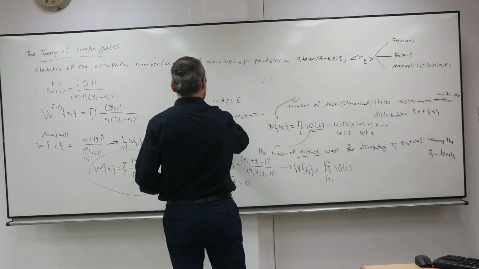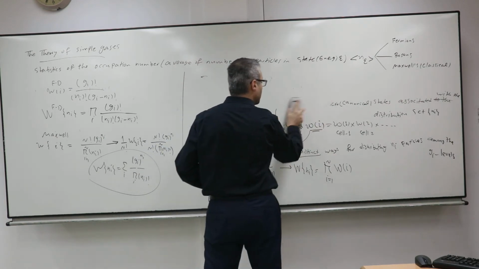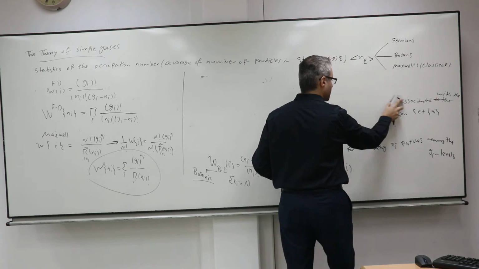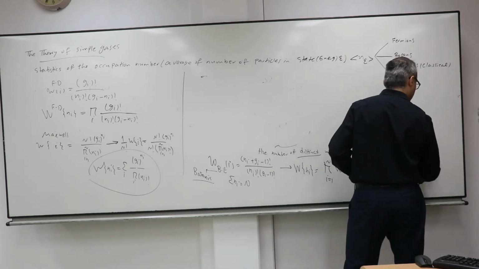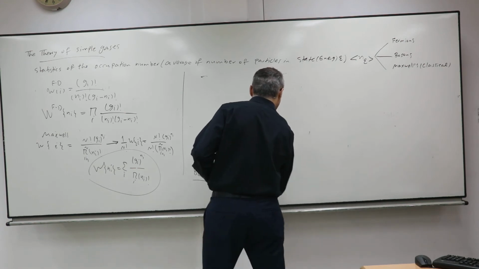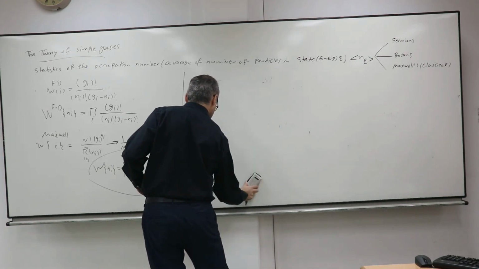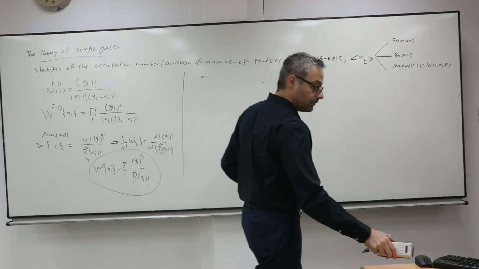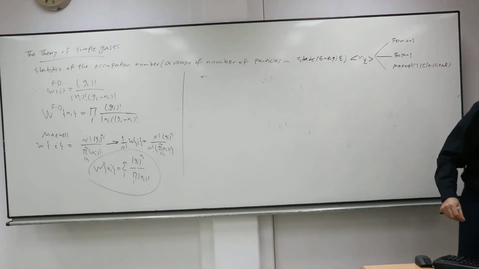The parameter we have here is the one we are looking for, that is N_i, the number of particles in the energy state E_i or epsilon_i.